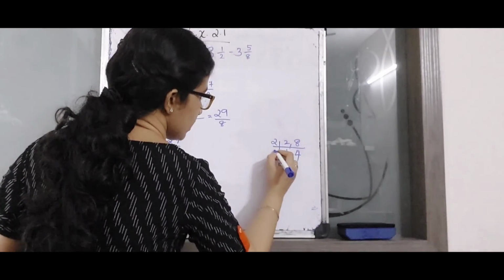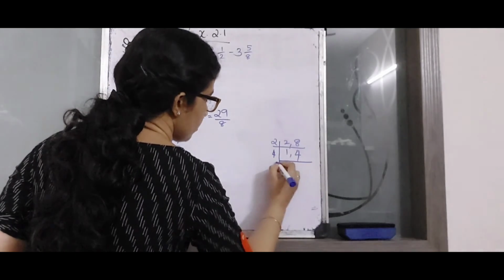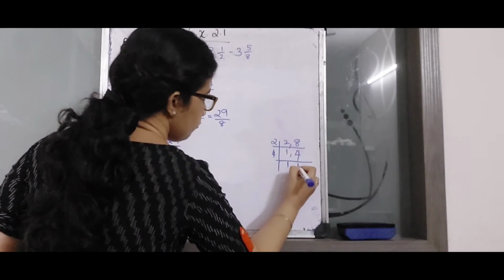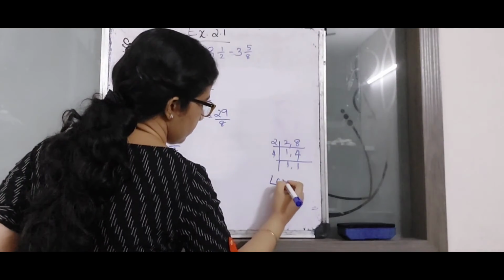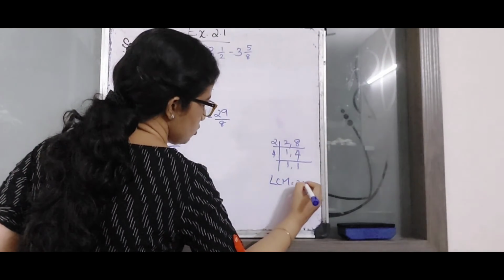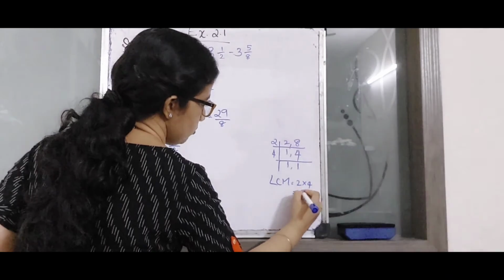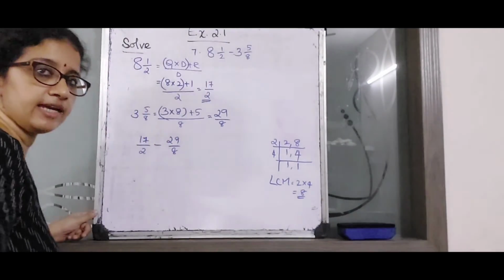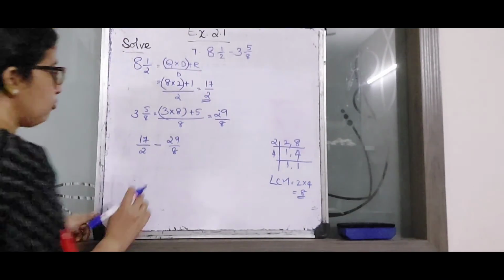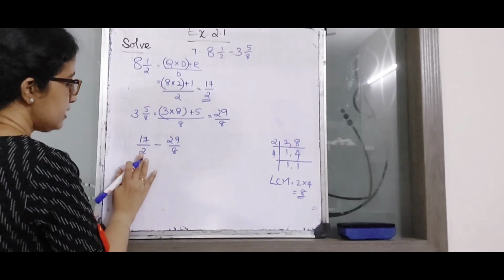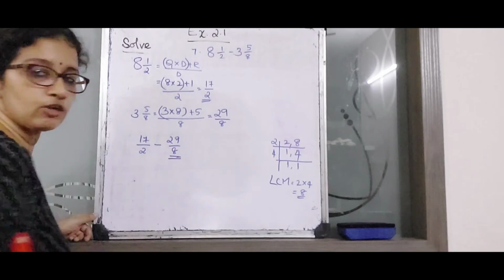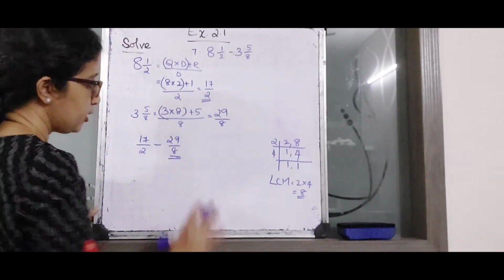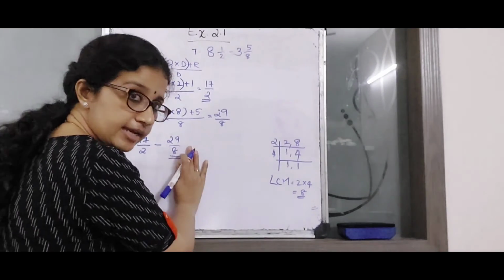Now we can directly write 4 here, 1 and 1. Right? So LCM equal to 2 into 4 equal to 8. LCM is 8. Correct? Now this second term already has 8 in the denominator. Right? So we don't have to do anything to the second term.